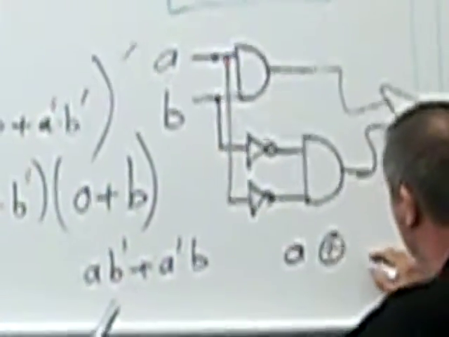What's this? A and B naught or A naught and B. That's 1. That's A XOR B. So that's what this is. The negation of that is A XOR B or not. Bam, it falls out. See it?